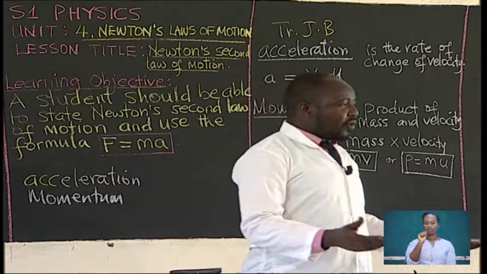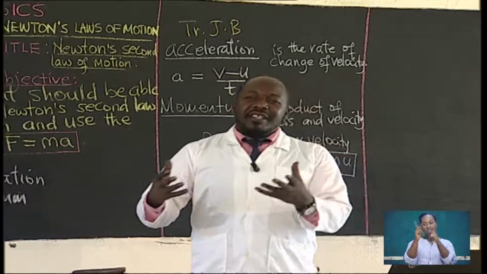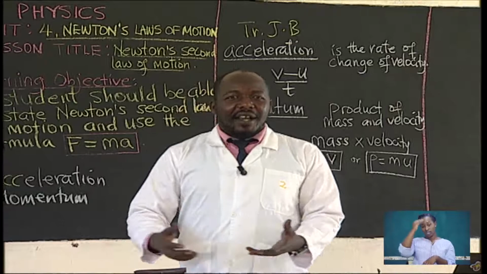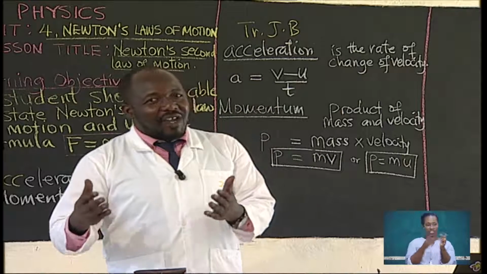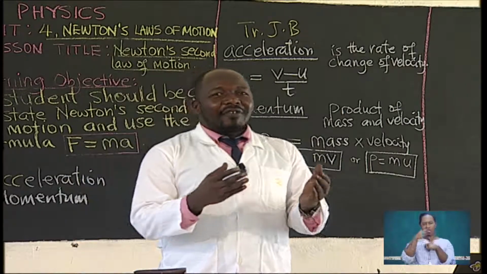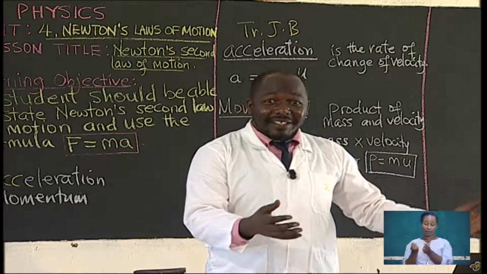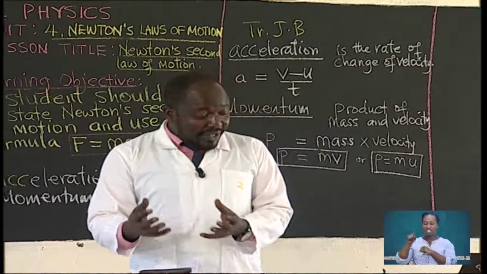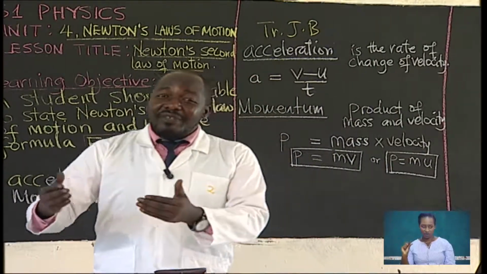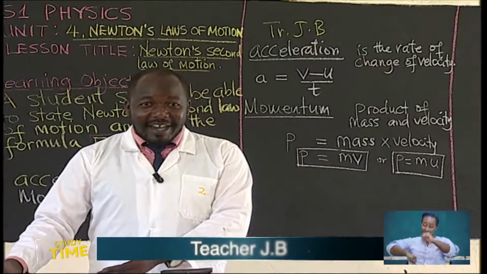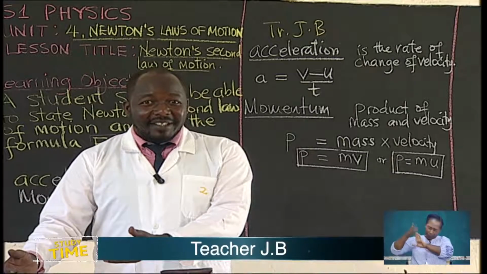And if you go to engineering, when you are designing cars, let's say racing cars have a smaller mass compared to cars like buses. Because in a racing car, you want the car to move so fast and be the fastest. Okay?